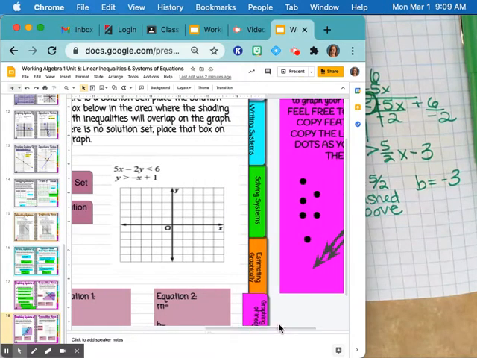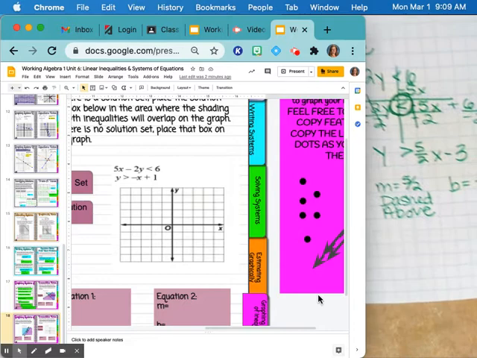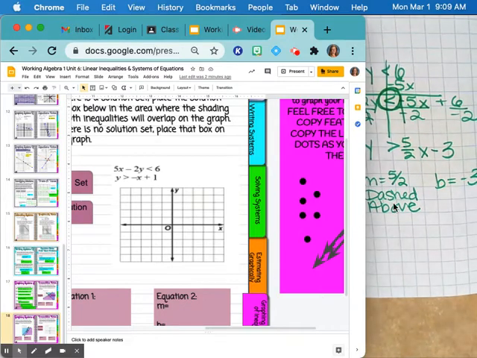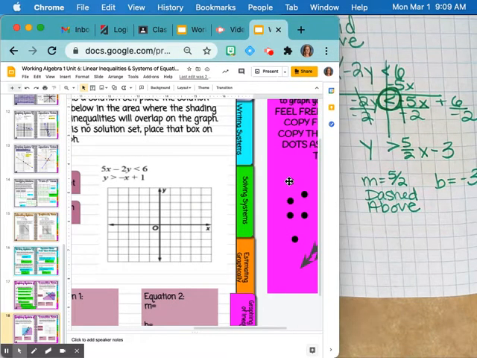I need a point. For the negative 3, negative 1, 2, 3. And then we rise 5, run 2. Rise 1, 2, 3, 4, 5, and over 2. And it's dashed.